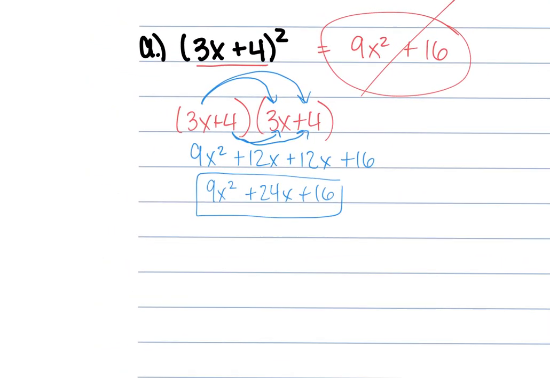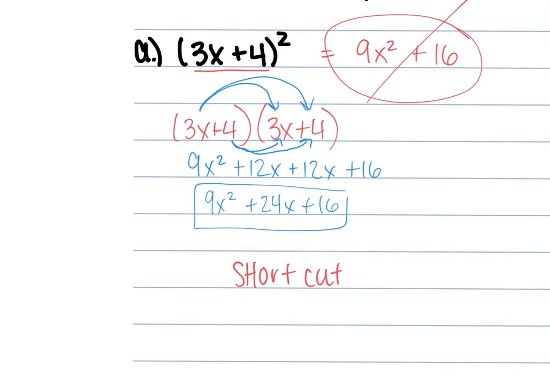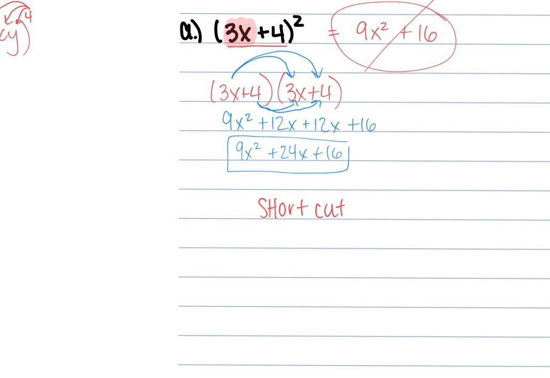Okay? So the shortcut. I need you guys to write this in. This is our shortcut. We had 3x plus 4 squared, right? What you do is you take the first term, 3x, go ahead and highlight it. And you're going to write 3x squared. You're going to square it.